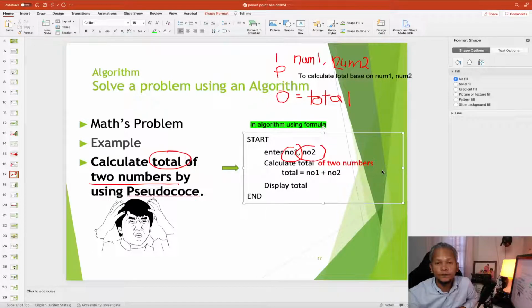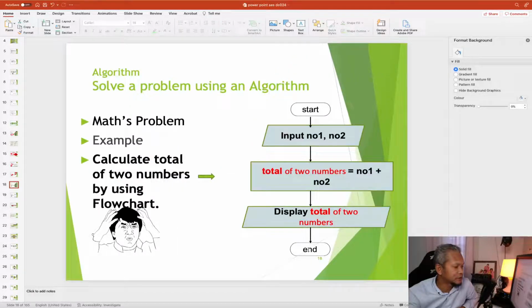Okay, now using the flowchart. Firstly, we need to draw start and stop. Not end. We are using the start and stop. And then make sure the input number 1, number 2.